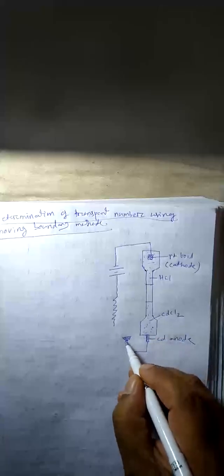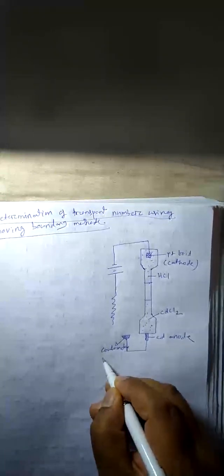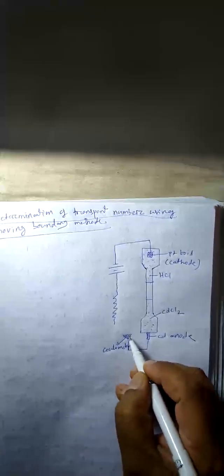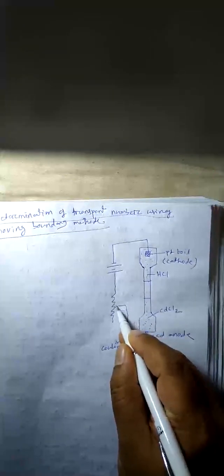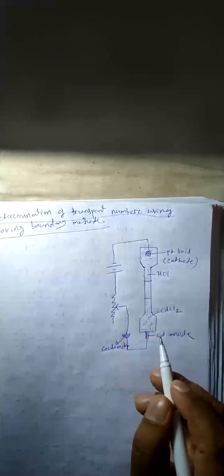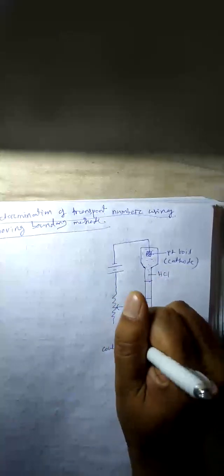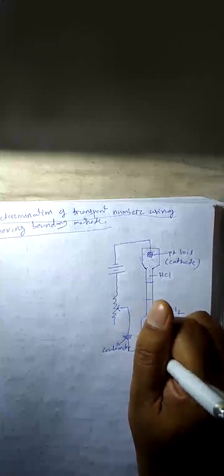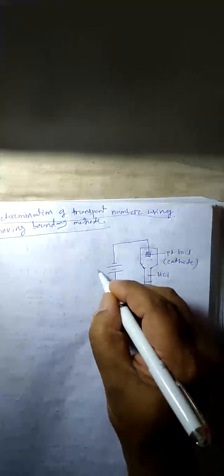A coulometer may be a copper coulometer or a silver coulometer; any method you can take. From the copper coulometer we can determine the total quantity of electricity passed through the tube. And this is the battery.